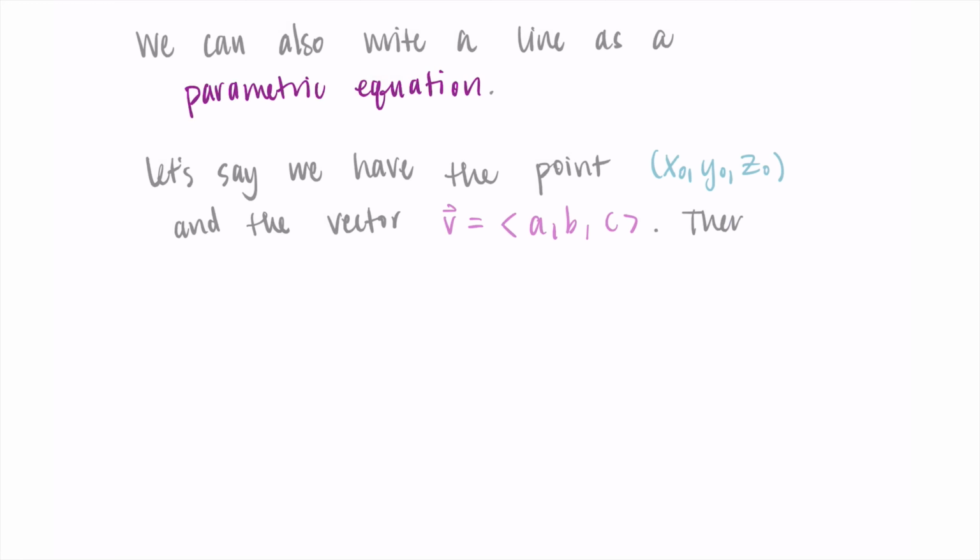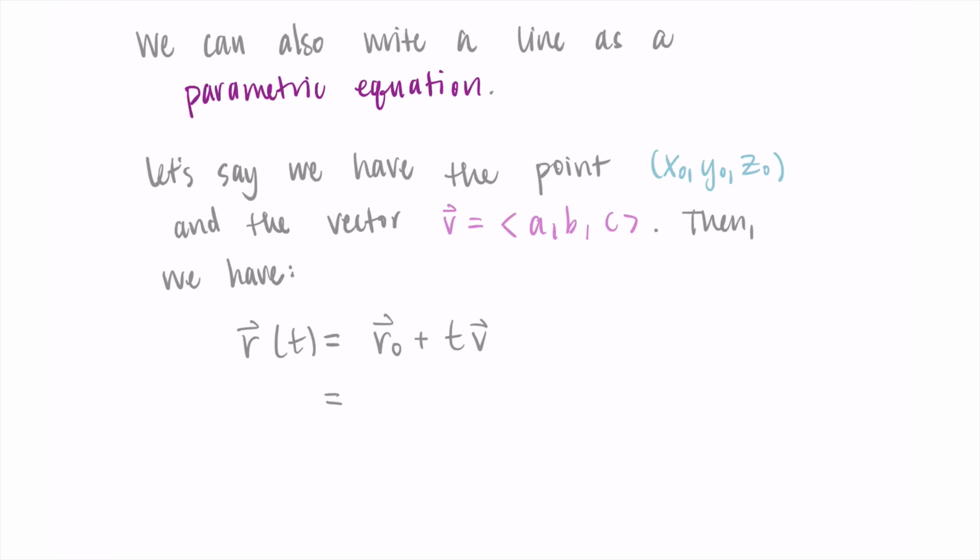So then we can do the vector equation. We're going to start with the vector equation and then get our parameterized equation. So we start with the r vector, which is equal to r naught plus t times the v vector.